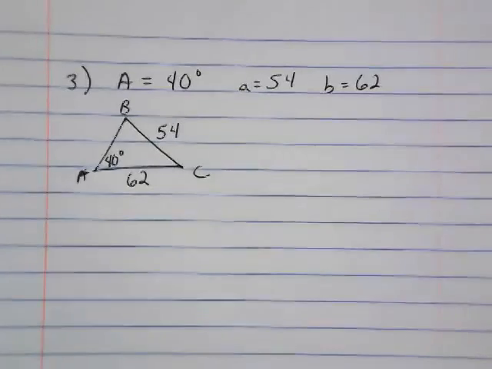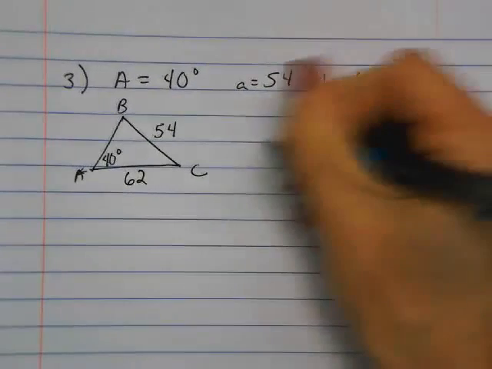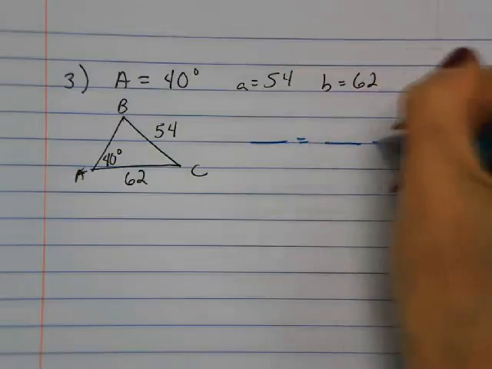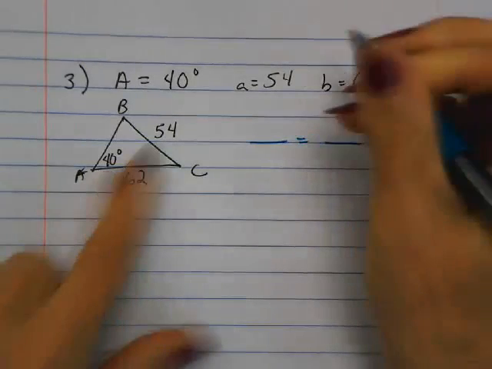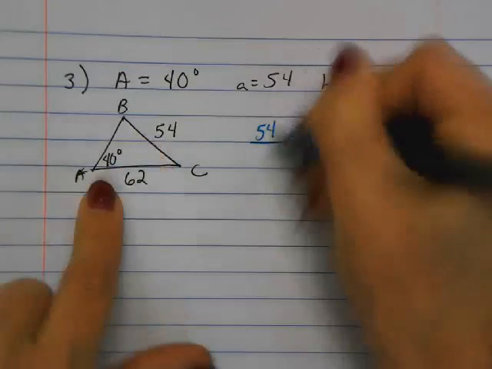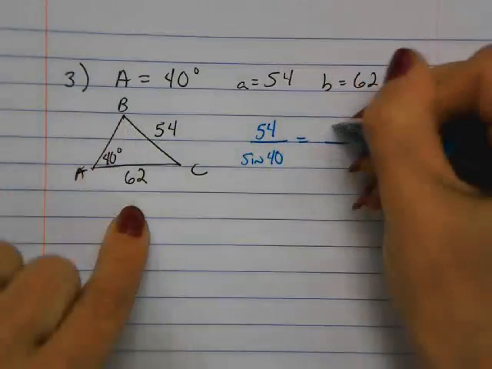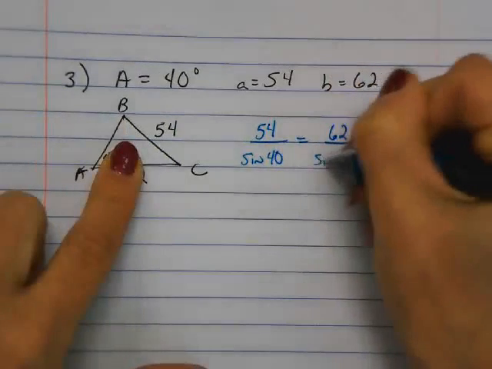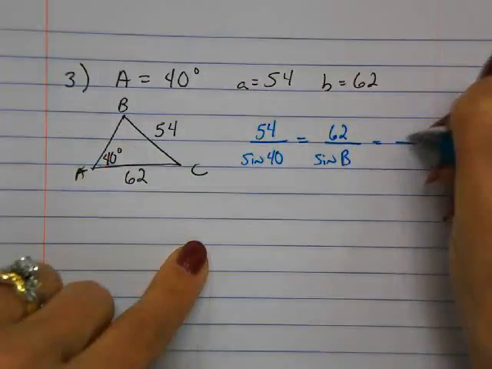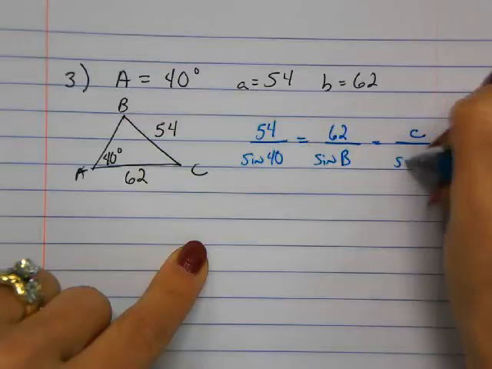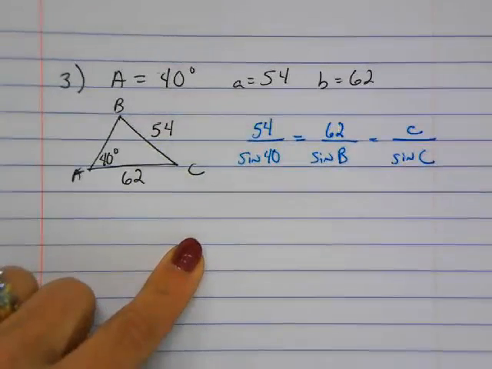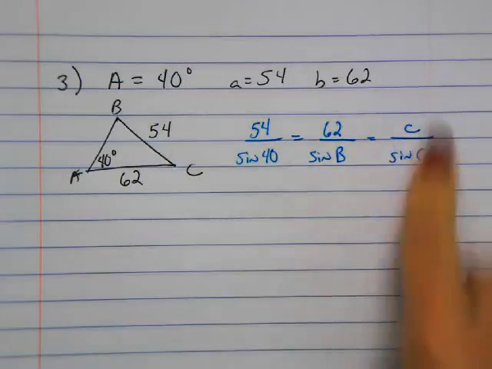So let's start off with our formula. I know little a over sine 40, as little b over sine B, as little c over sine C. So again, I'm stuck here, can't do anything with him, but I can start here.